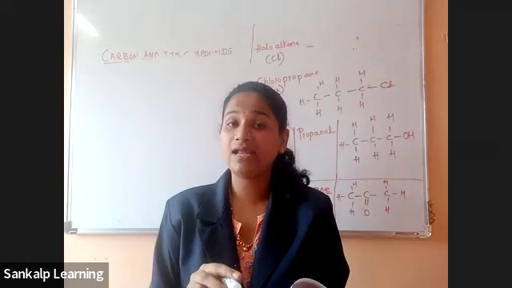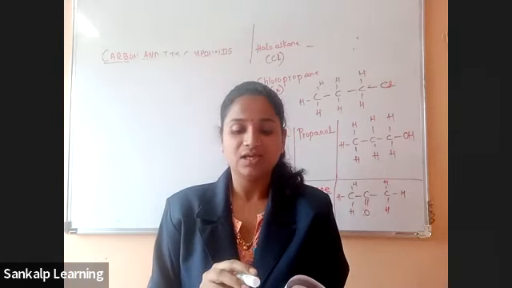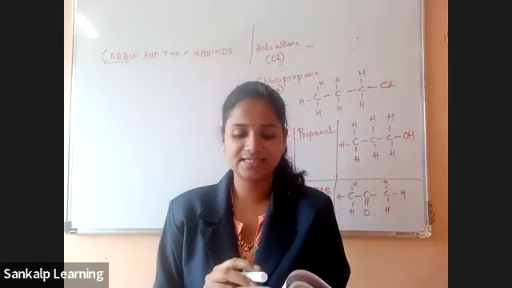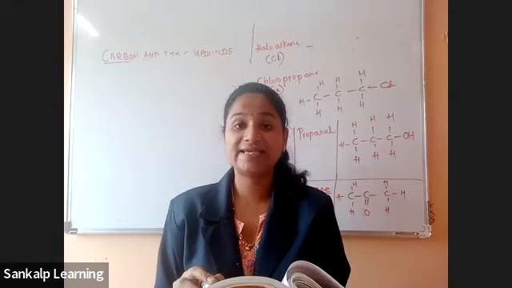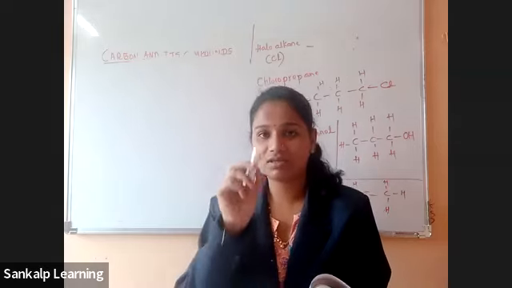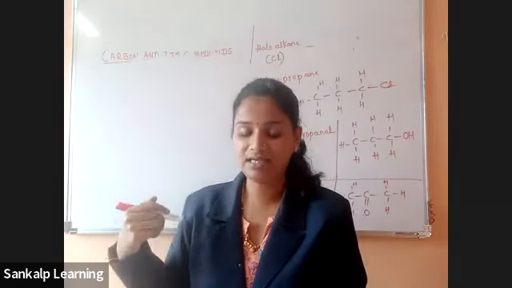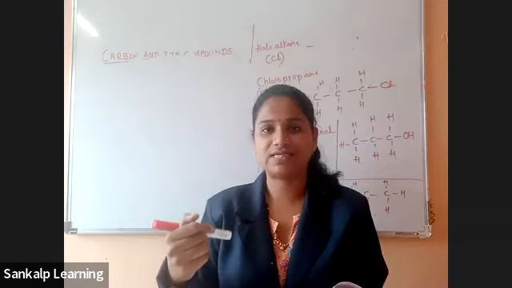The first one is ethanoic acid, the second is bromopentane, the third is butanone, the fourth is hexanal. So let us start with the third one as we solved recently, and then we will solve the first, second and fourth.